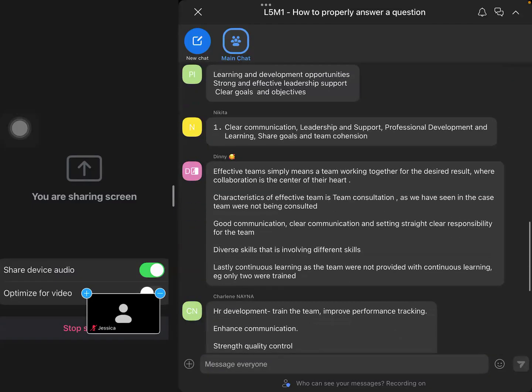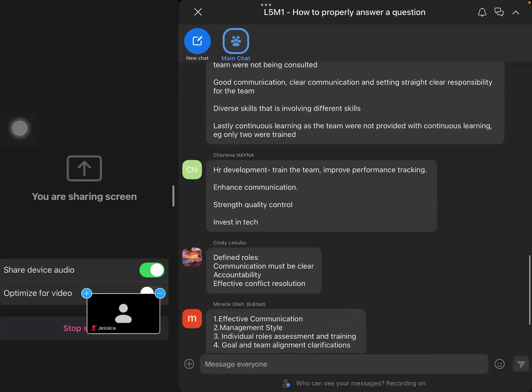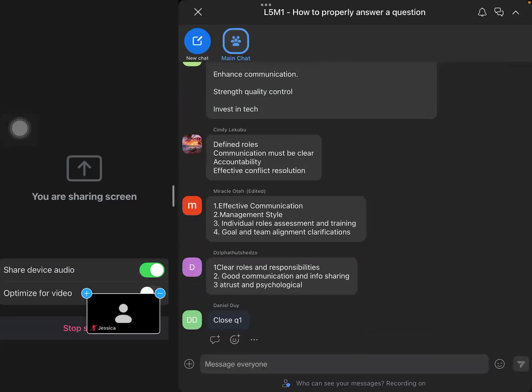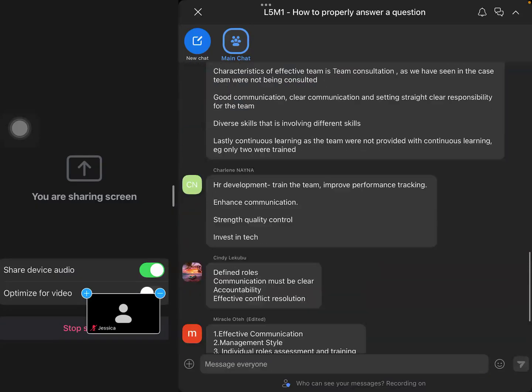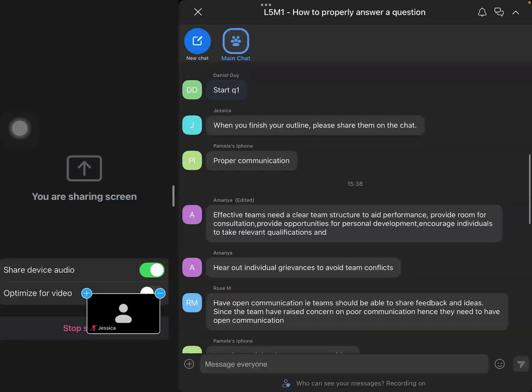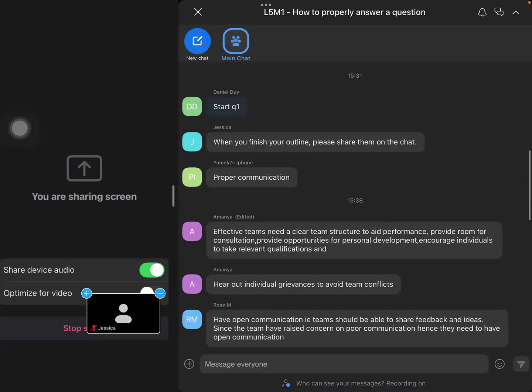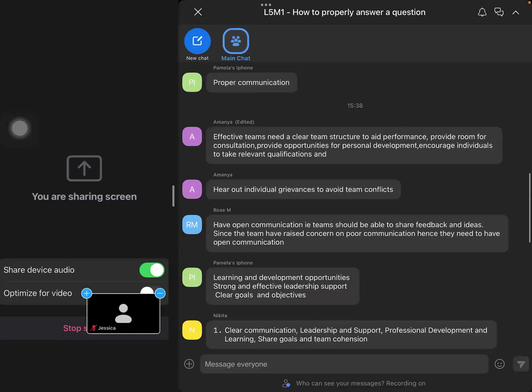Nikita, Dini, Chalen, Cindy, and Ote, and also Sifasuke. It's pretty long. I don't know how to pronounce it correctly. Sorry. As you can see, when you put an outline to this question, it takes you almost 10 minutes. And for some students, they only provide 4 points only.